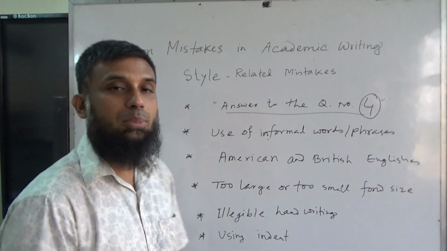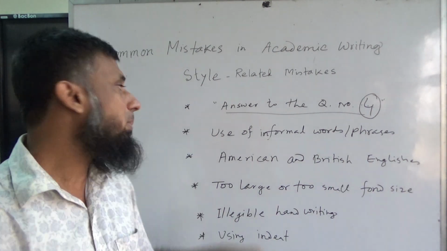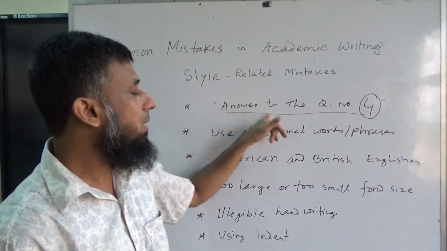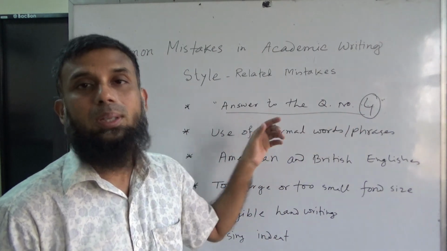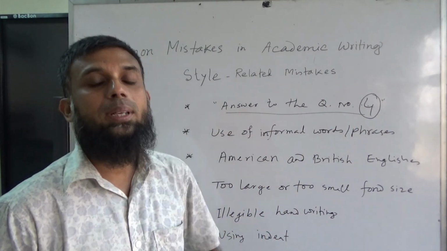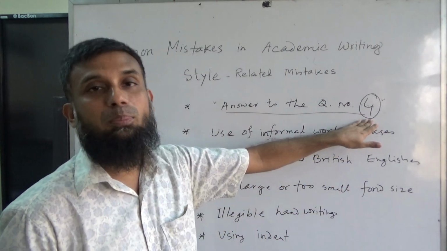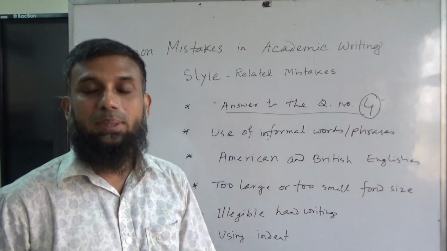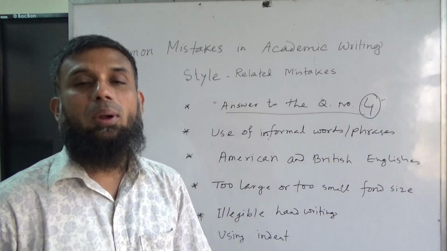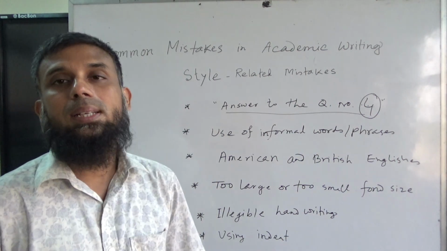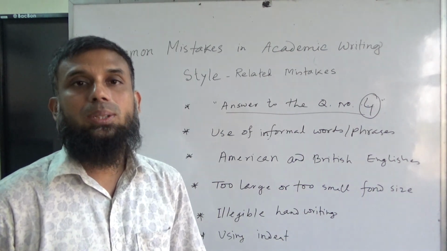And sometimes the students become very busy with writing the phrase "answer to the question number," and they forget to write down the number itself. So what happens? It disturbs and distracts the examiner.